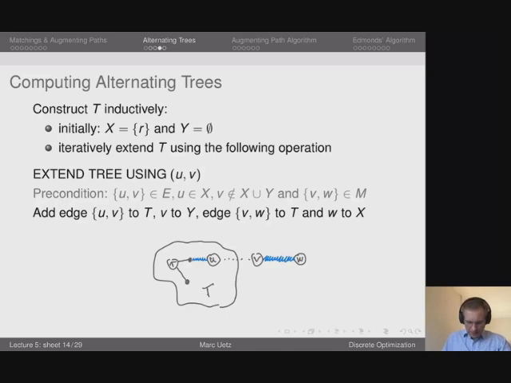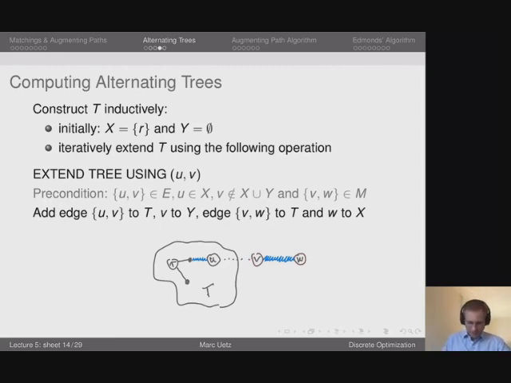Well, we scan the neighborhood of U for vertices V which are not yet connected to the tree. And as I said, if this would be a free vertex, we would have found an M augmenting path, and otherwise this will not be a free vertex and it will be matched to some other edge. So then we would add these two edges to the tree. This edge here must have had an even distance from the root node. This will have an odd distance, and this again will have an even distance from the root node.